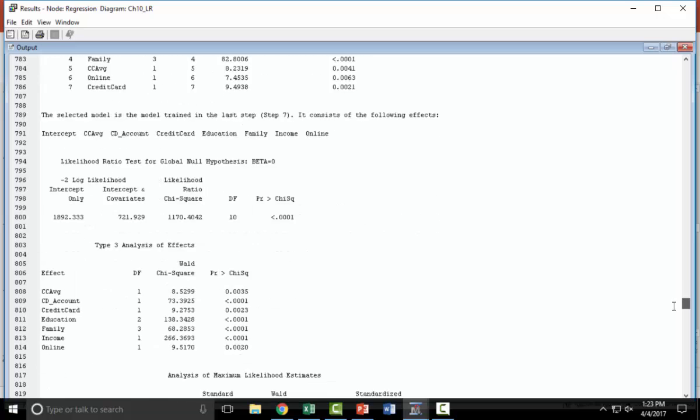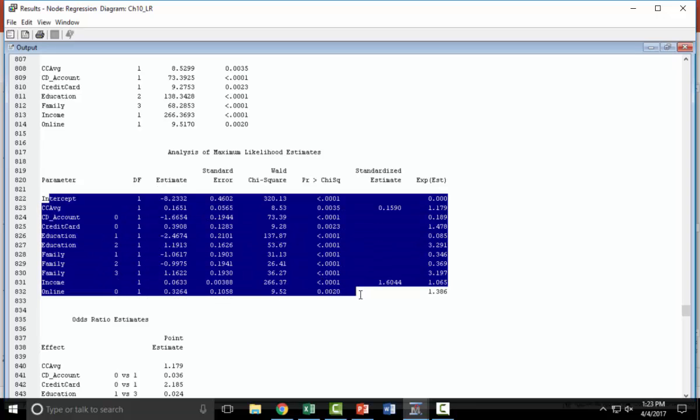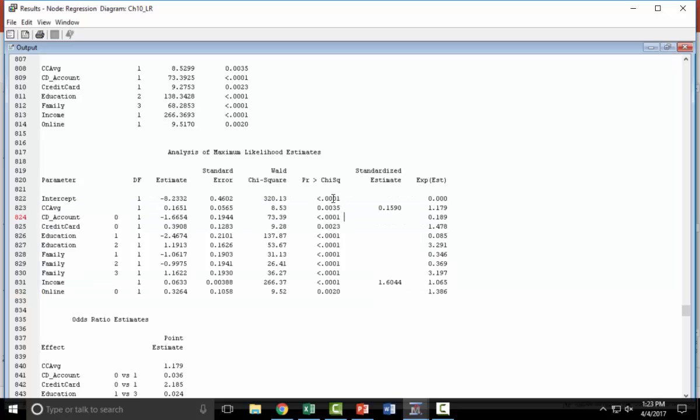Okay. So these are the estimates. So now we don't have age, we don't have experience. Okay. All the p-values are significant. Okay. And here are the odds ratios.